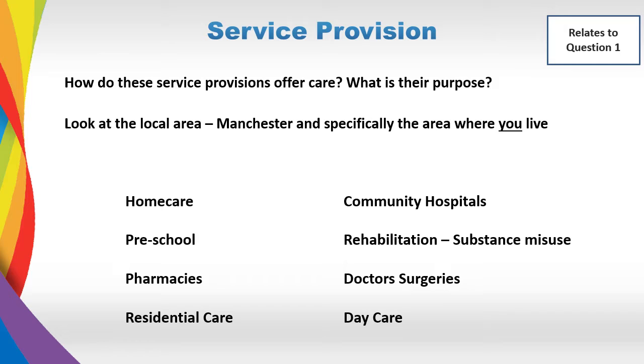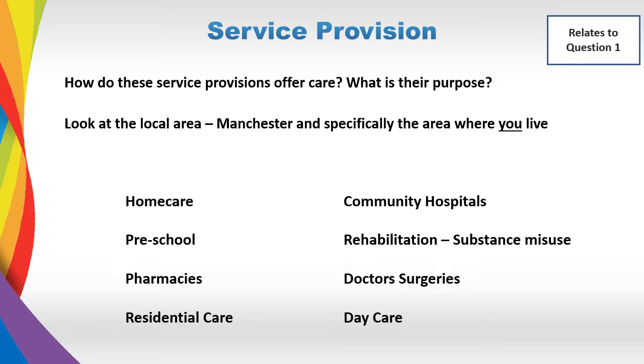So service provision in Greater Manchester and across the rest of the country, of course. We've got home care, like I started with. There's then preschools, there's pharmacies, residential care settings, which could be for older adults, could be for people with dementia, could be for people living in an assisted living space if they've got a learning disability or a physical disability where they're not able to get a place of their own.